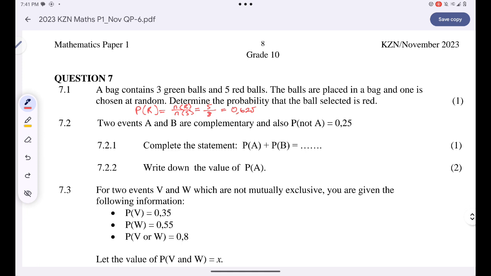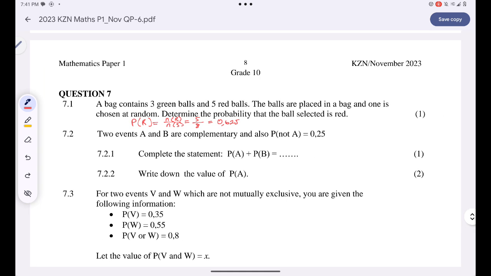They want us to complete the statement: probability of A plus the probability of B. Since the 2 events are complementary, the probability of A plus that of B is equal to 1.